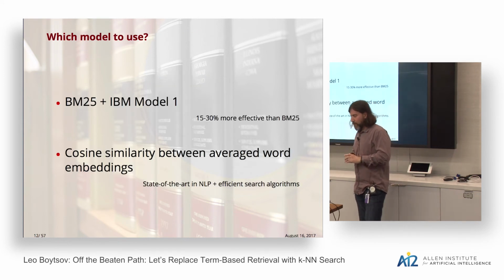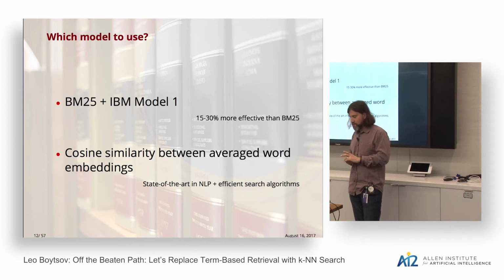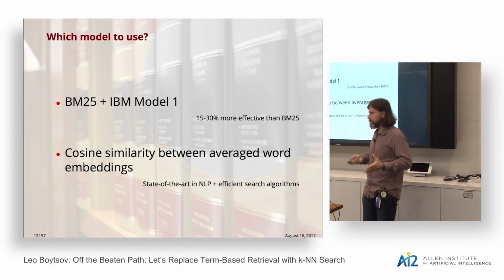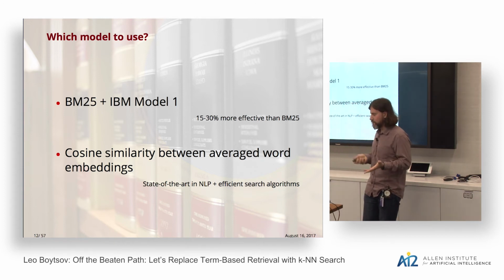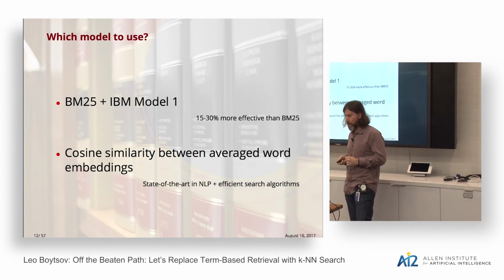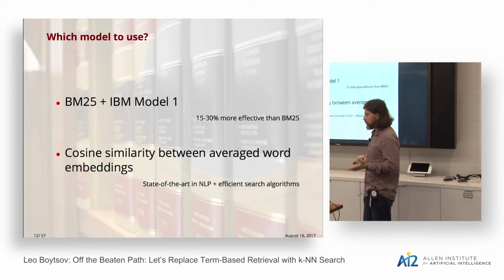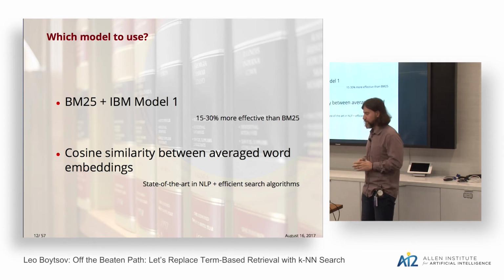So, first objective, design an effective similarity. To design effective similarity, I played with two types of models. At first, I considered sparse bag-of-words representation and a similarity where I linearly combined BM25 scores and log scores of IBM Model 1. There is prior work showing that this solution can be really, really efficient.